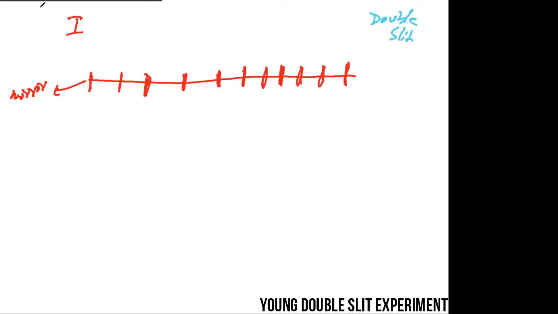So in the double slit, this is the central, and the intensity will be higher. Here you will get dark light.